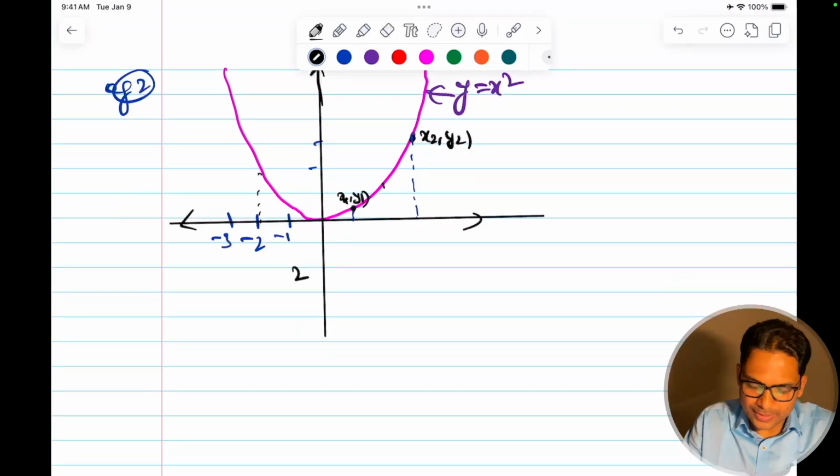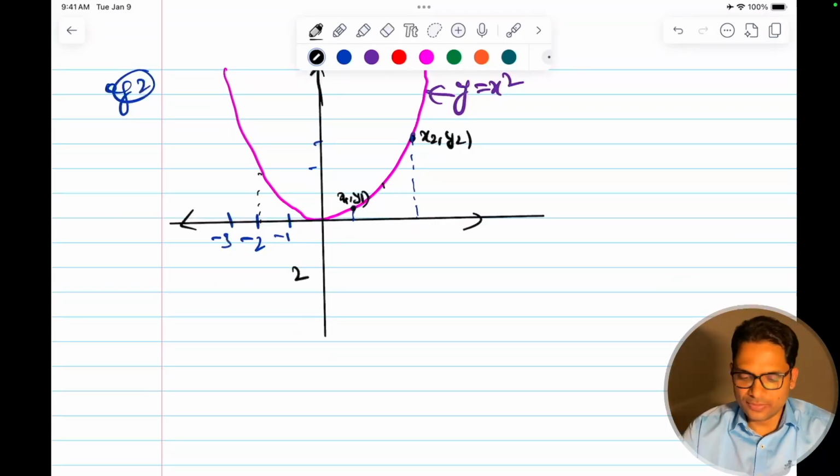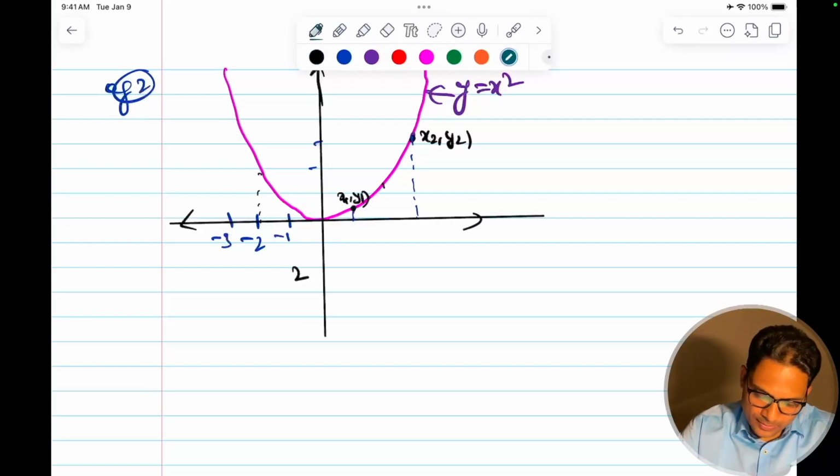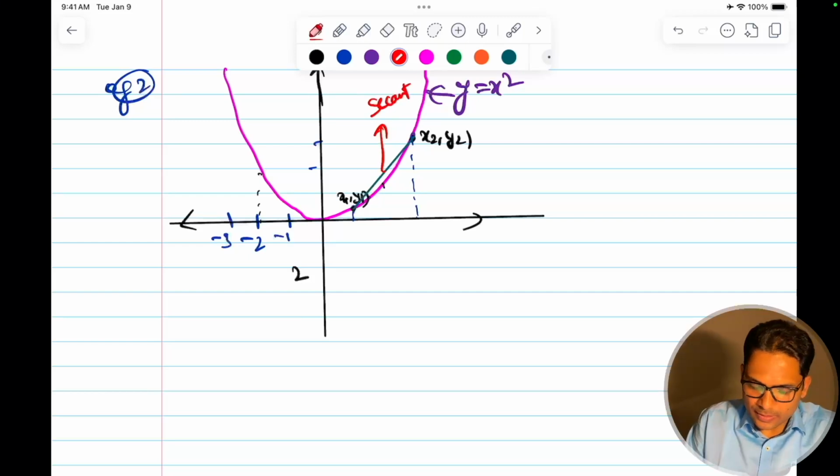Okay, so this is your x1, this is your y1. Now if I draw for any curve, if I connect 2 points on this curve, what will this give me? This is nothing but the secant. This is called a secant, right? And what is the slope of this secant?